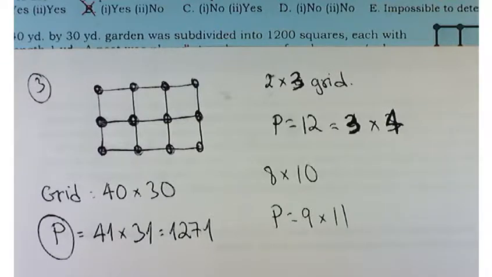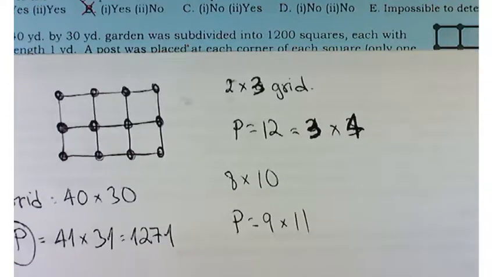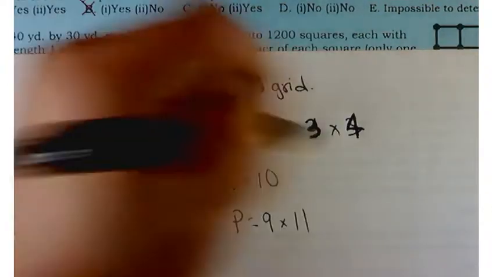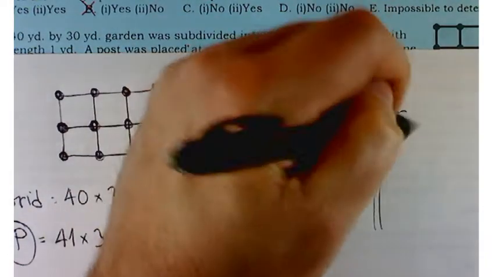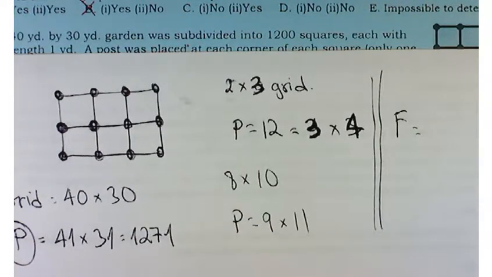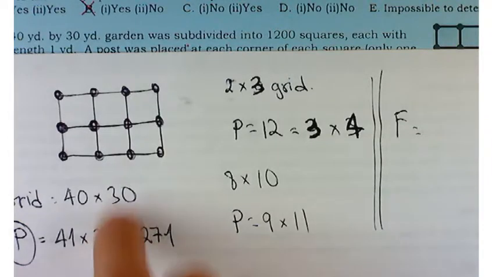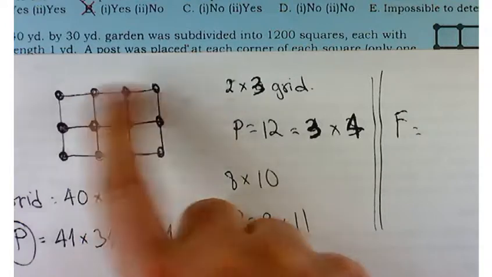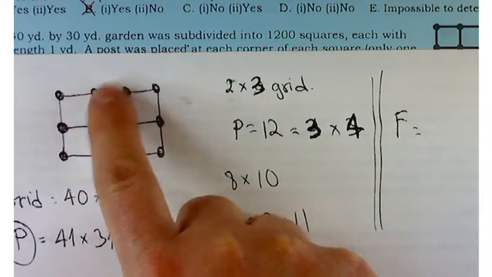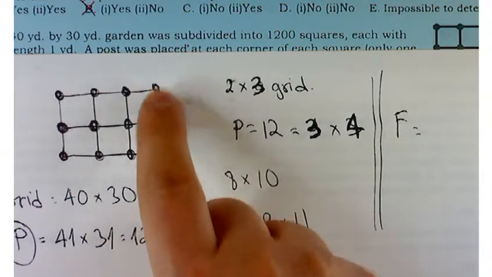Okay, so let's count how many sides I have. That's what we call F, the number of fences. So let's figure this out. Let's count first, for example, the number of horizontal sides that we have. We have 1, 2, 3. And how many copies of that do I have?